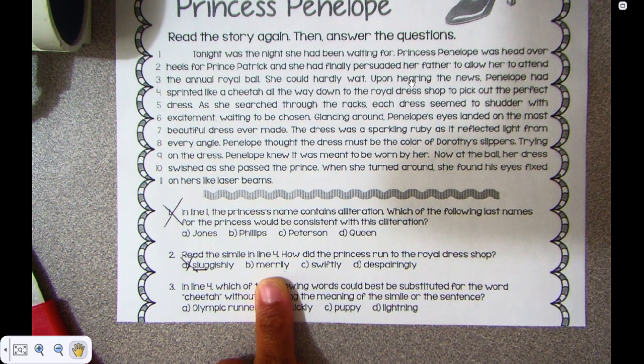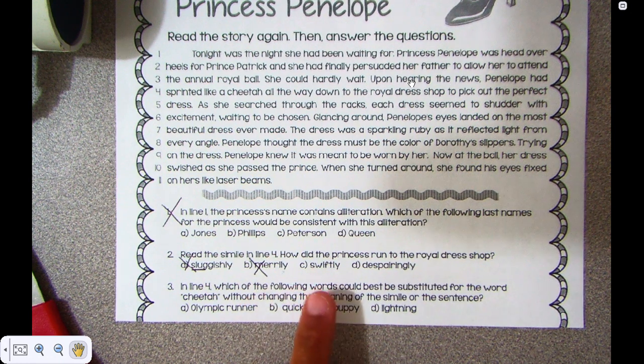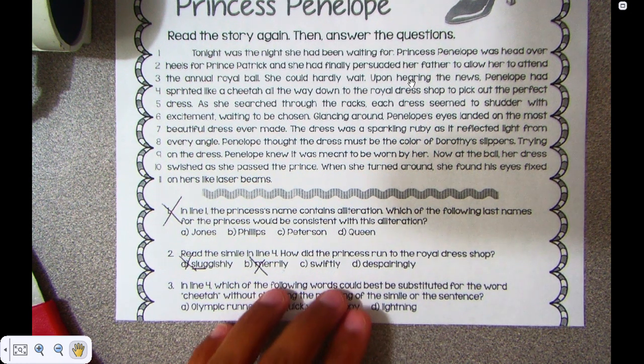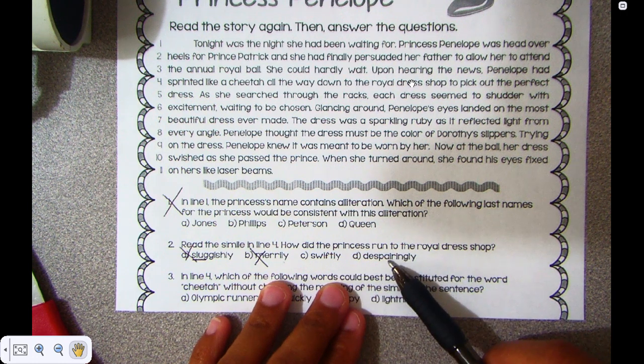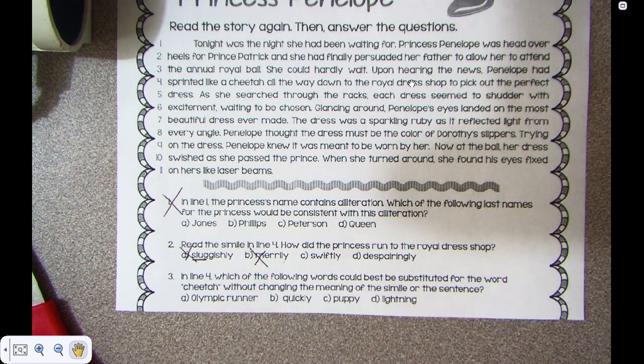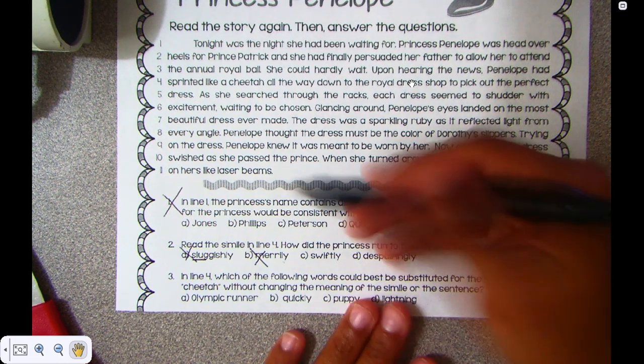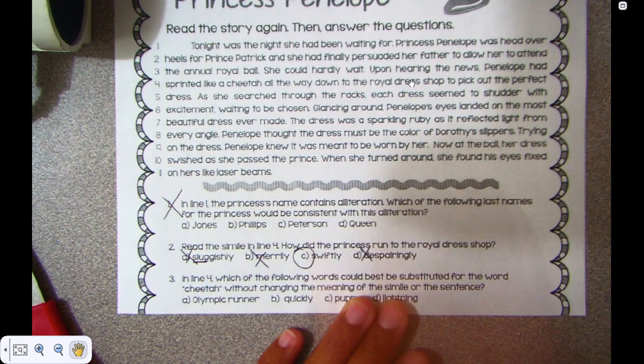They use that word cheetah for a reason because when we think of a cheetah, we think of something moving very fast. So I have two choices left: swiftly and despairingly. Now, despairingly means like with lots of despair and sorrow and worry. We kind of already know she's not feeling that. She's feeling pretty happy right now. So we know another word for fast is swiftly.